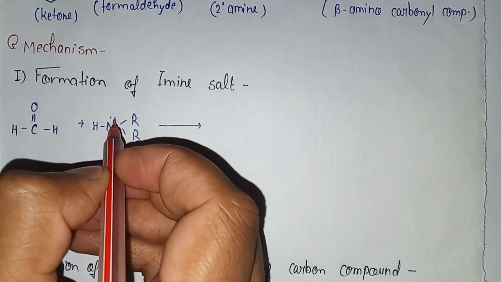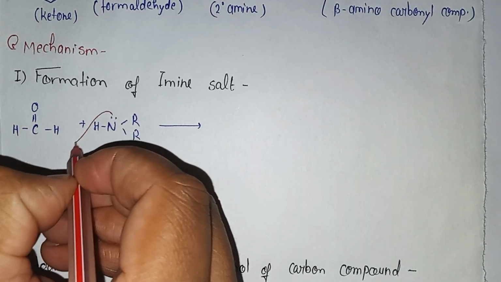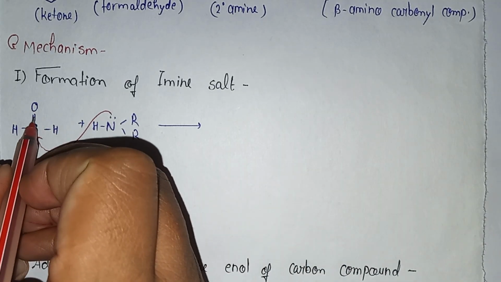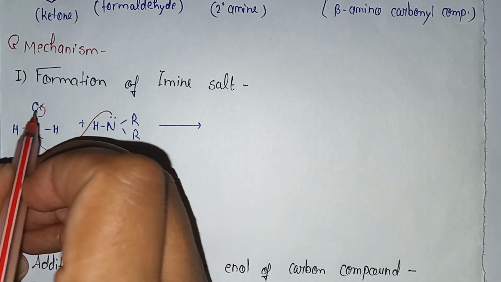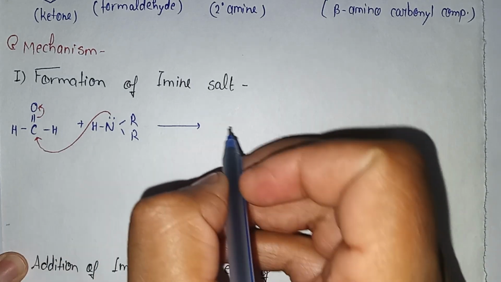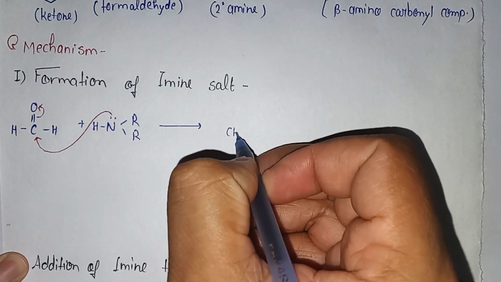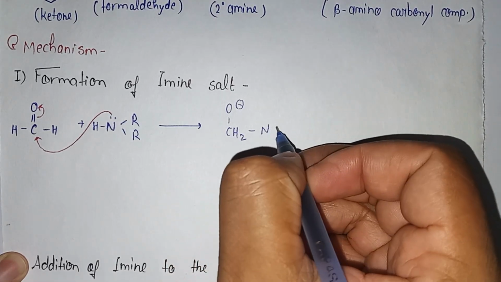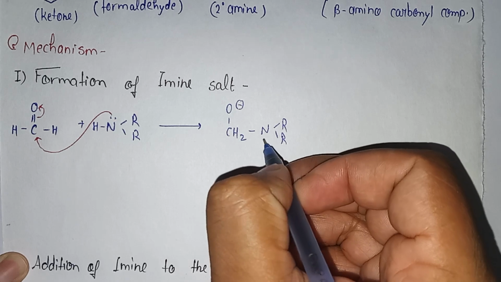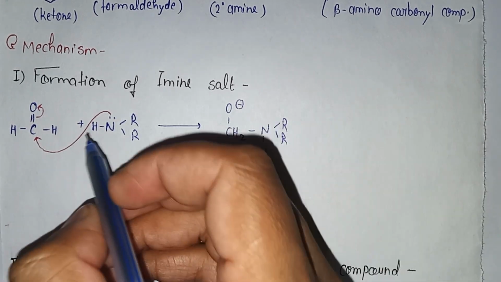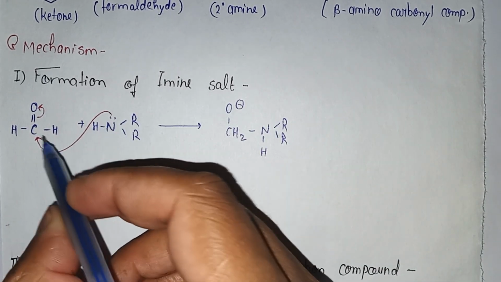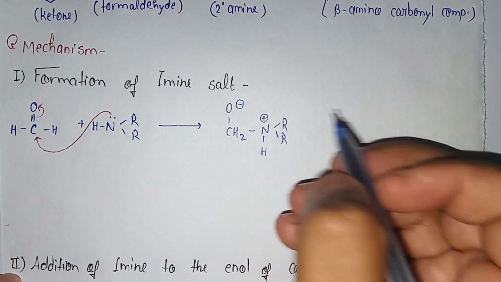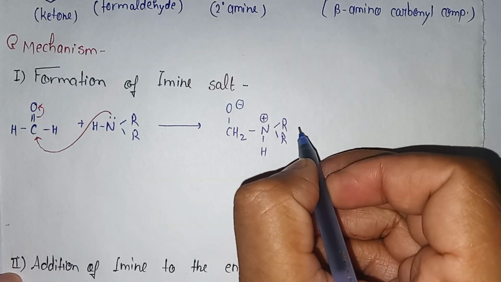The lone pair of this nitrogen attacks this partial positive carbon, and due to this the pi bond shifts to the oxygen and forms a negative charge on it. So CH2 O negative, N R R and H, and this lone pair of electrons attacks this carbon, so a positive charge is created on the nitrogen.